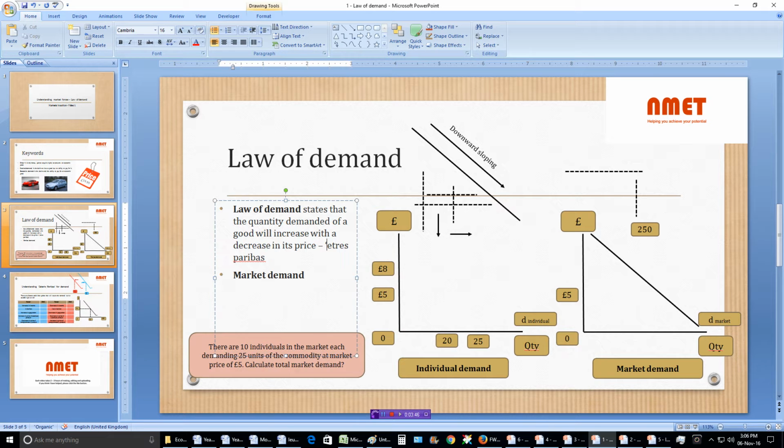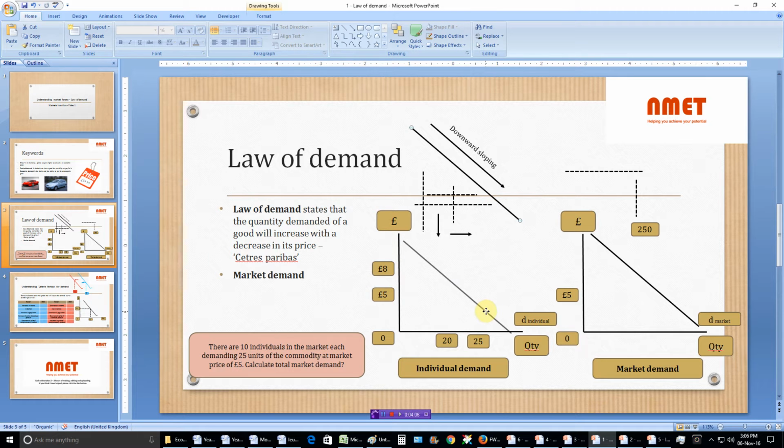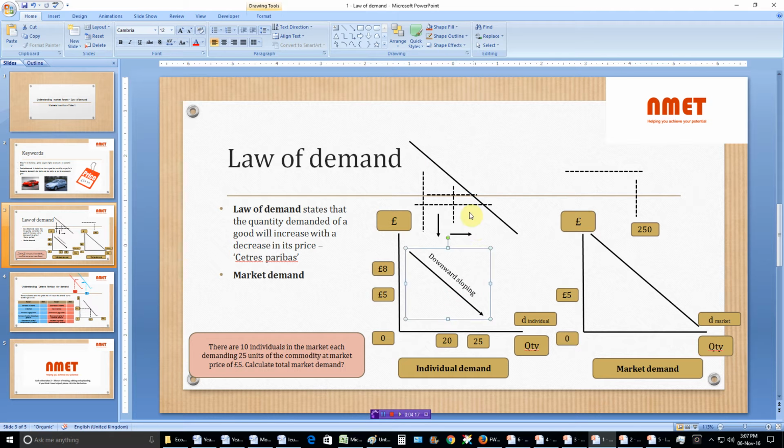What that means is all other things are constant, not changing, such as fashion and income. So as the price is falling, look at this individual demand curve. If the price falls, and look, it is downward sloping.